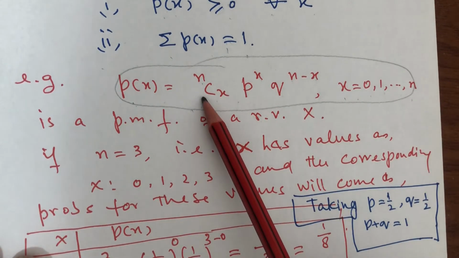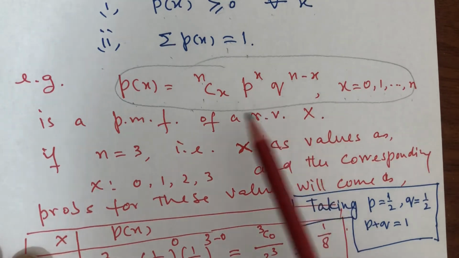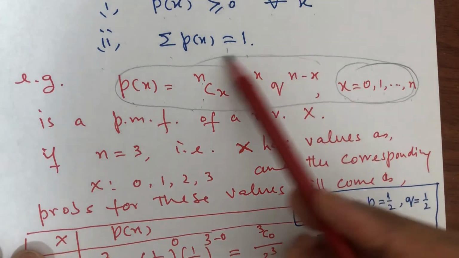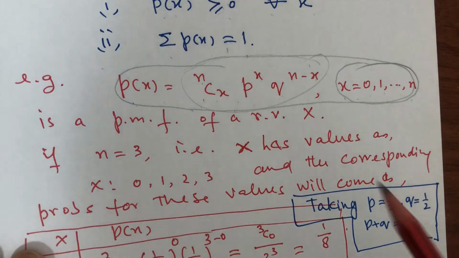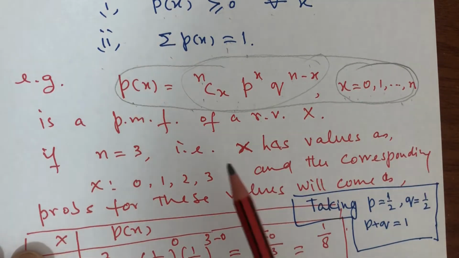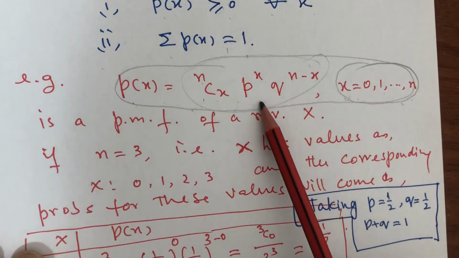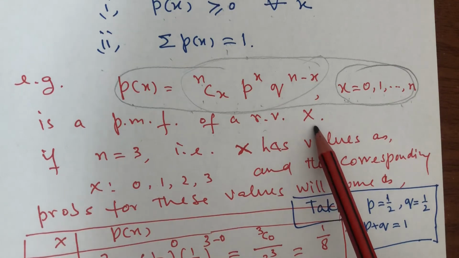Every probability function will be defined with this condition. If you say this is a probability mass function, immediately the second question should come to your mind: what is the range of x? Without the range of x, we cannot have a probability mass function of a random variable x.